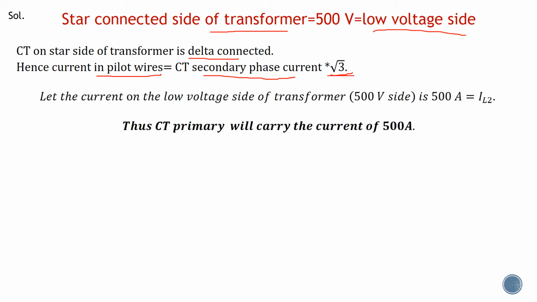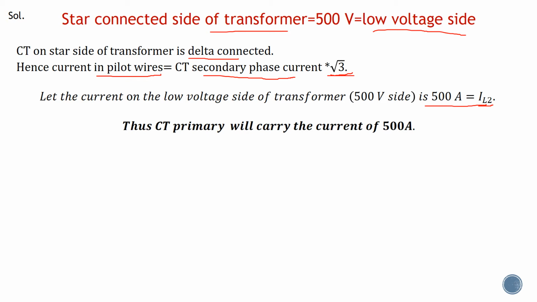Let us assume that the low voltage side of the transformer, that is the star side of the transformer, is having a current of 500 ampere denoted by IL2. The 2 is because it is the secondary side of the transformer, therefore we have denoted the line current here by IL2.